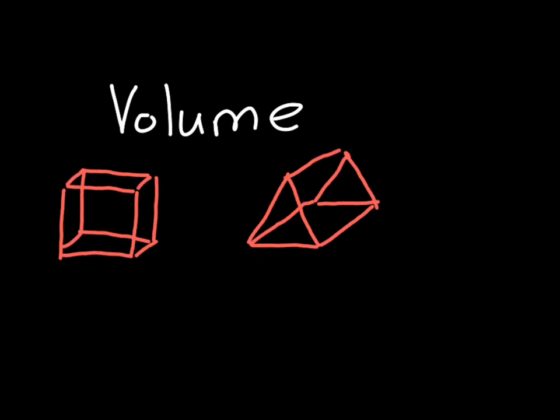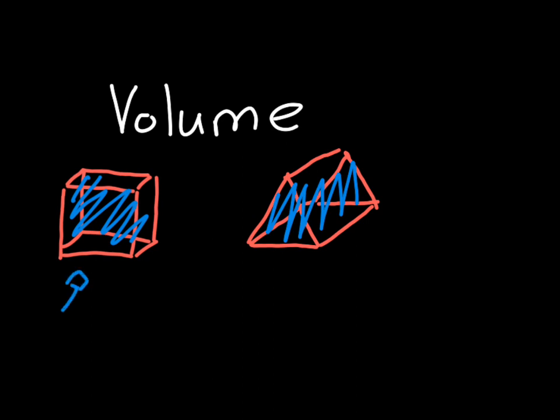For volume, we are once again trying to figure out how much of something can fit inside either of these shapes. So for example, if I wanted to know how much liquid could fit into this cube over here, I would essentially be asking you, what is the volume of this cube?